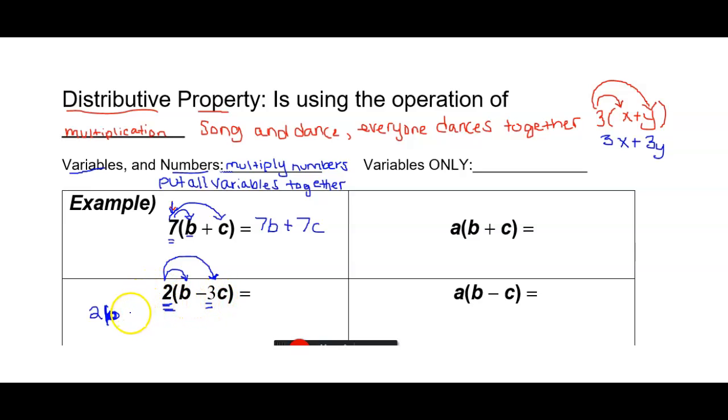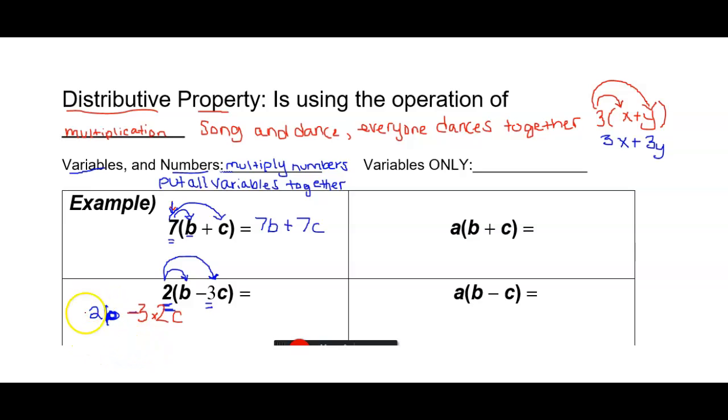So I really have a negative, and I'll write this in red pen, a negative 3 times 2, right? Because I want it to dance with the 2. And then I grab my variable c. So I just put c next to it. So your numbers you multiply together and just write your variables in.